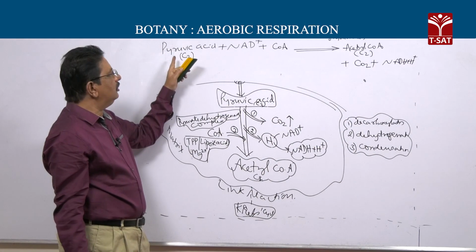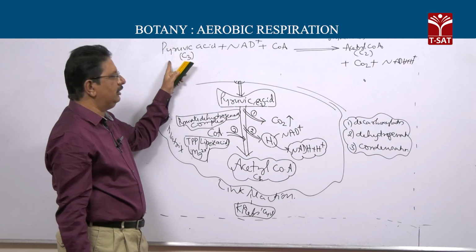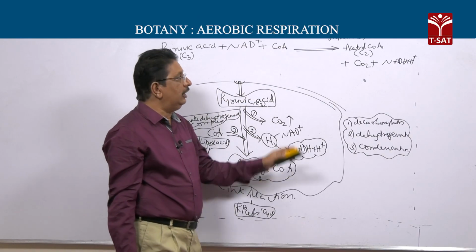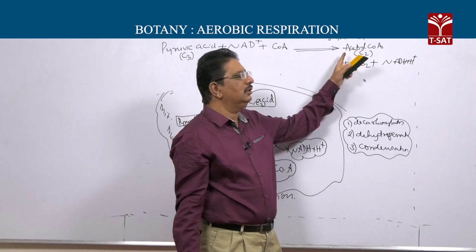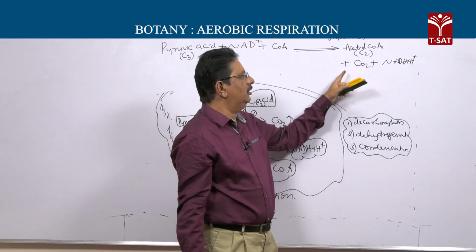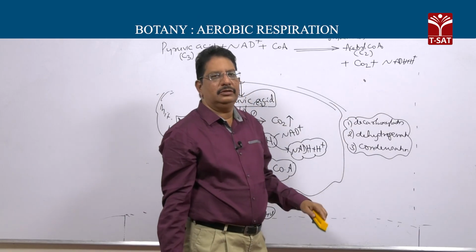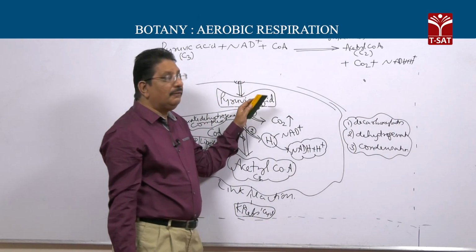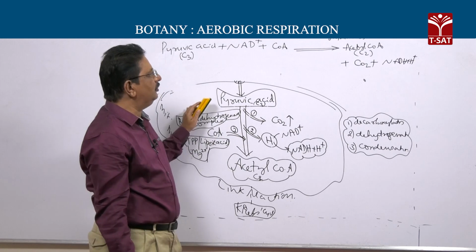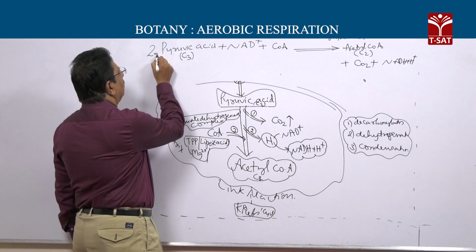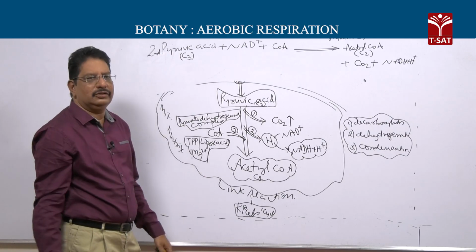The reactants of this reaction are pyruvic acid, NAD plus, coenzyme A, whereas the products of this reaction are acetyl coenzyme A, CO2, and NADH plus H plus. Basically, after glycolysis, the participation of 1 molecule of glucose, you will get 2 molecules of pyruvic acid.